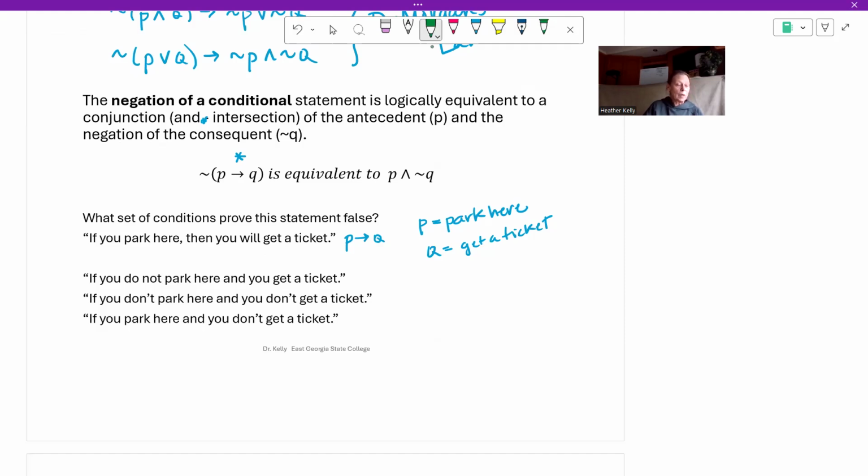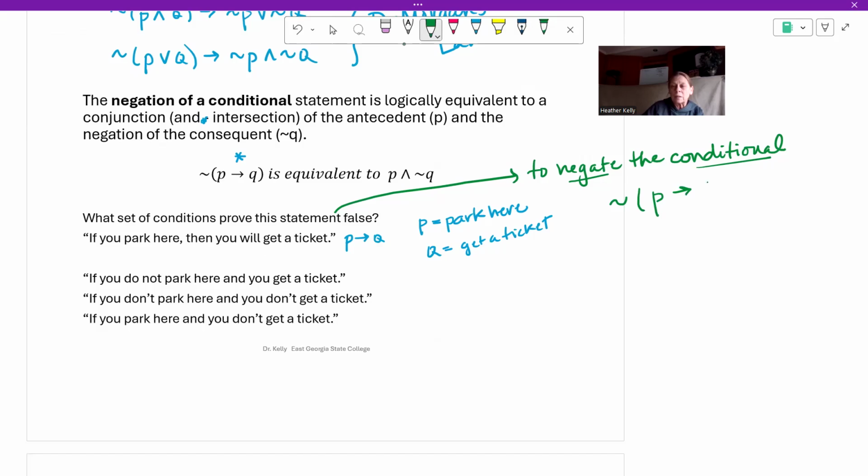Okay. So if you do not park here and you do not get a ticket. Now remember, hold on, let me stop for a second. To make the statement false means to negate the conditional. Let me make sure I explain that. Right? That's to negate the conditional. That means that we need to find not (if P then Q), which we just looked at right here.